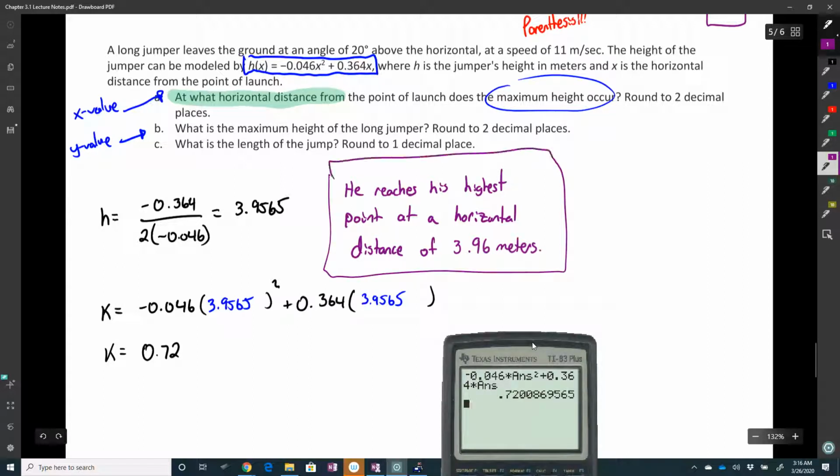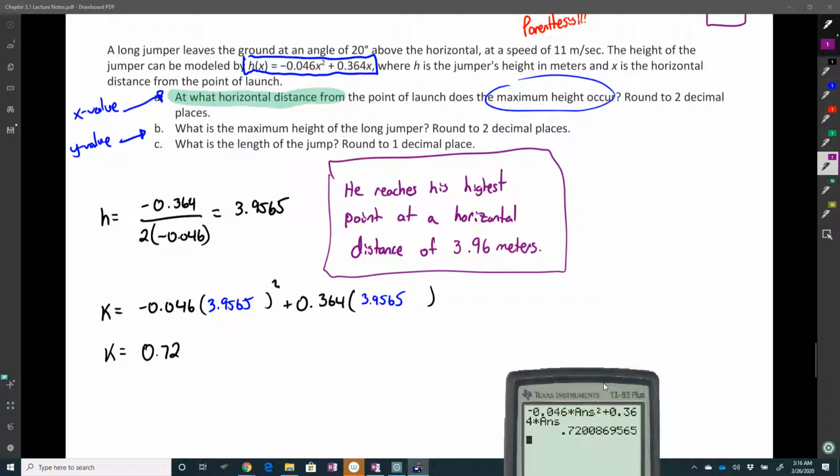So that's the answer for A. B, what is the maximum height? How high up in the air did it go? And that's this one, 0.72.